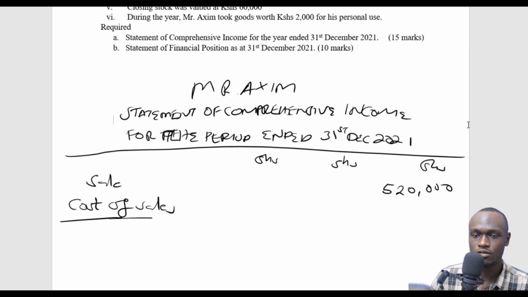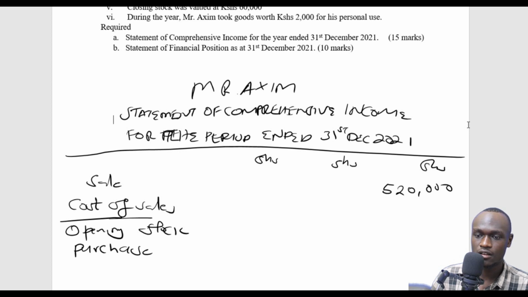Cost of sales, we take the opening stock, we add purchases, then we less the closing stock.